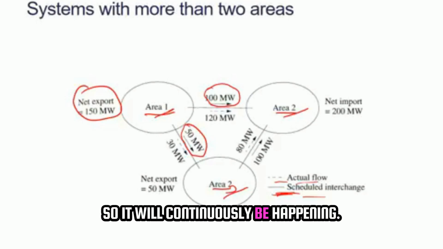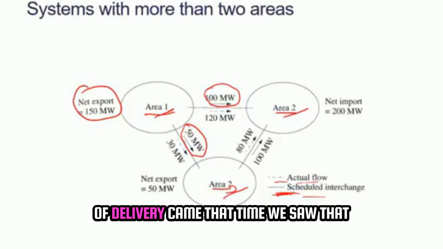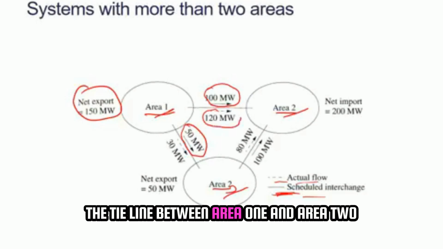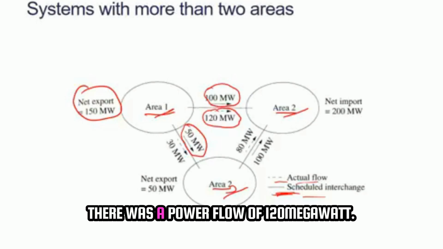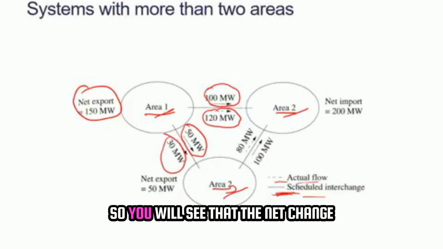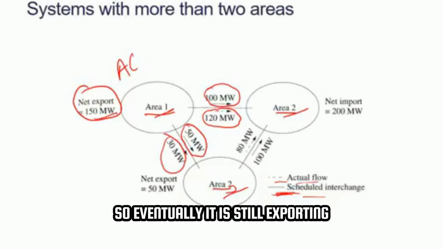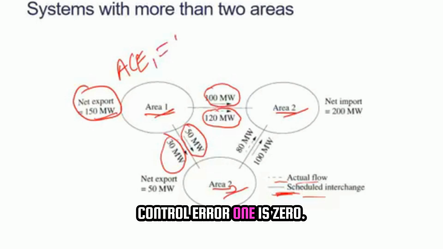And in practice, when the actual time of delivery came, we saw that the tie line between area 1 and area 2 had a power flow of 120 megawatt, and the tie line between area 1 and area 3 was 30 megawatt. So you will see that the net export of area 1 is still 150 megawatt. So you can say that area control error 1 is 0.